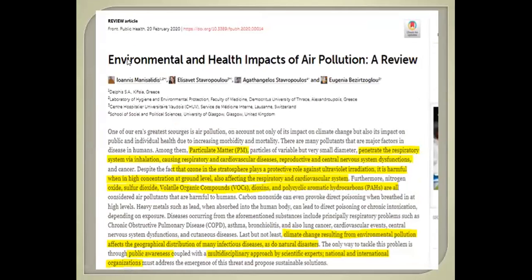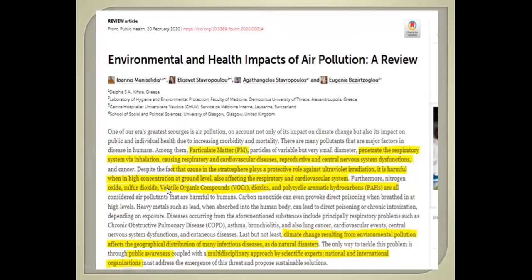Another paper, which looks at the environmental and health impact of air pollution, indicates that particulate matter penetrates the respiratory system by inhalation, causing respiratory and cardiovascular disease, reproductive and CNS dysfunction. And despite the fact that ozone in the atmosphere plays a protective role against UV radiation, it is harmful when in high concentration at ground level, also affecting the respiratory and cardiovascular system.